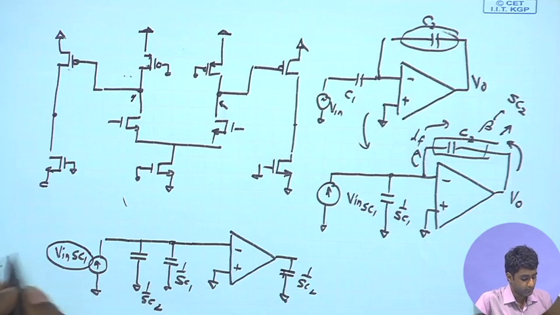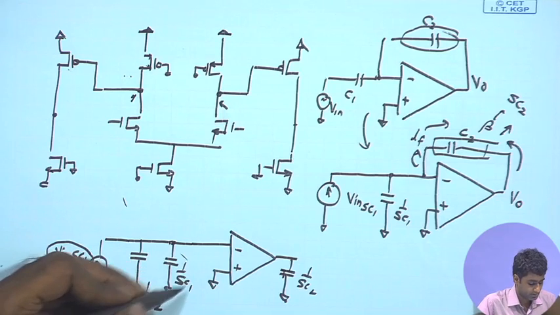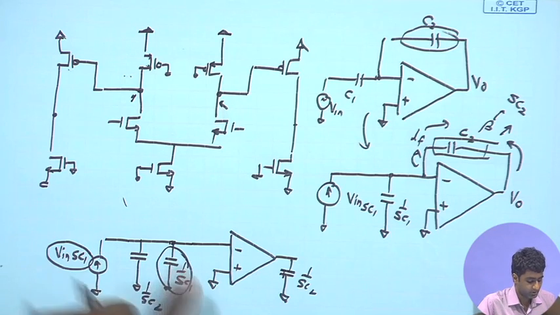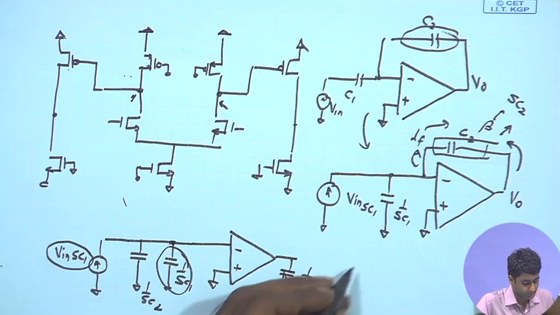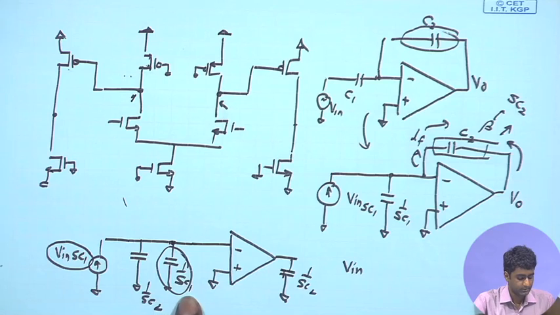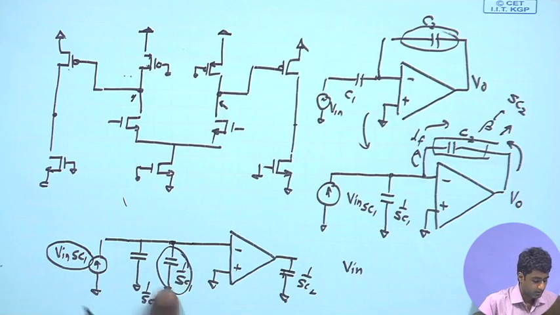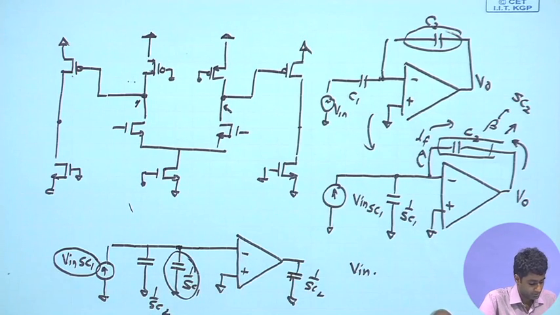So, if this is the current, we know that the voltage, as we are seeing, this is the dominant impedance 1 upon SC1, the smaller one, and as a result the voltage at this point is just going to be V in. SC1 gets cancelled with 1 upon SC1, that is not going to come into picture. And then you have the overall gain, which is just given by the A of this amplifier.